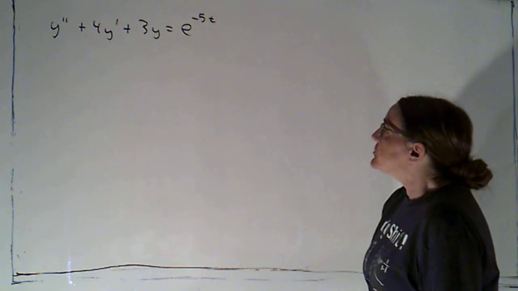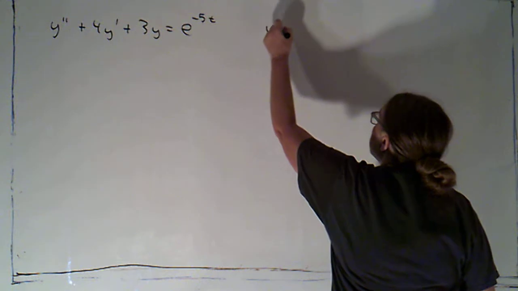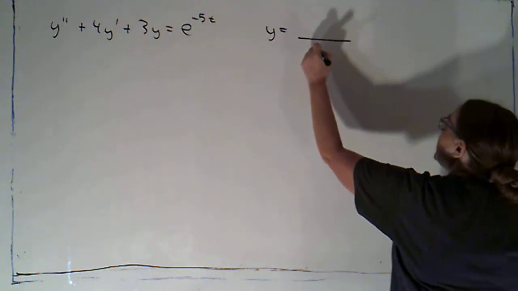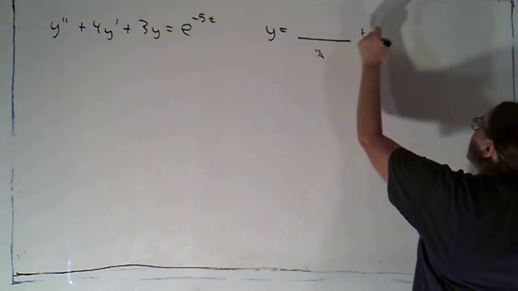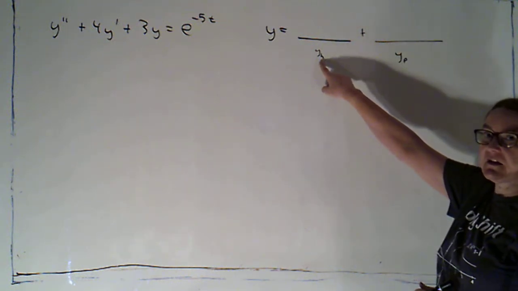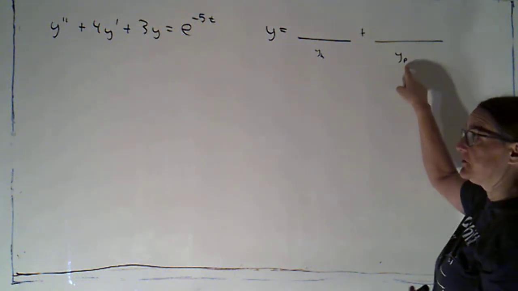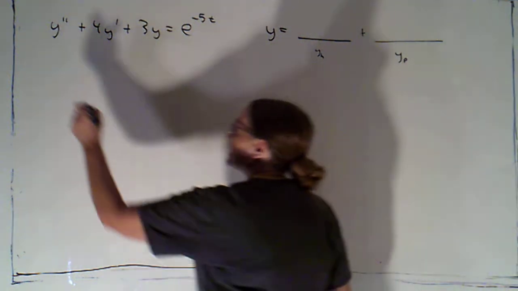Okay, so I want to solve this, so I know that my general solution is just going to be y sub h plus y sub p. So solutions to the associated homogeneous equation and then a particular solution. So let's start by finding y sub h.